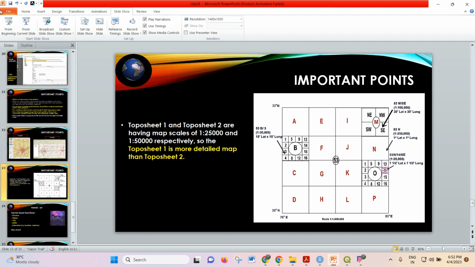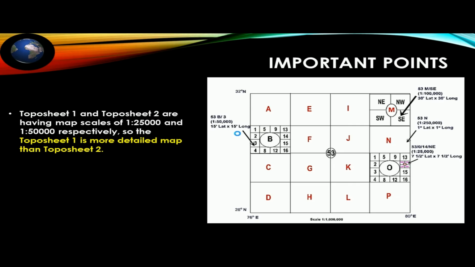Okay. Now, I gave one example of a topo sheet map. Previously I also covered the topo sheet map when I was explaining scale.